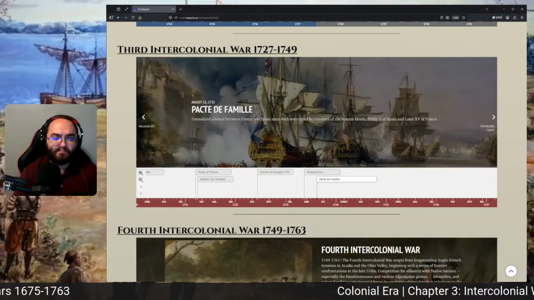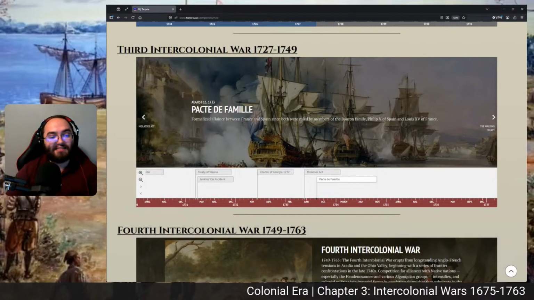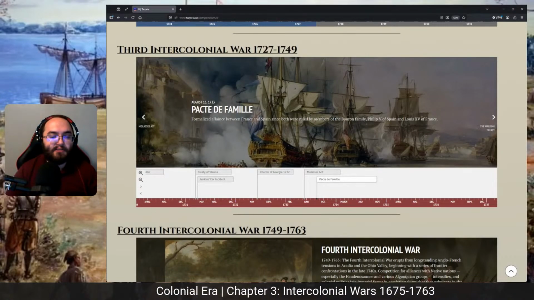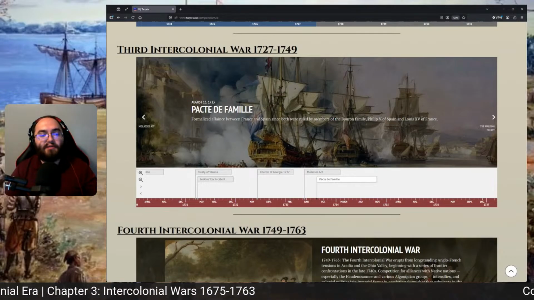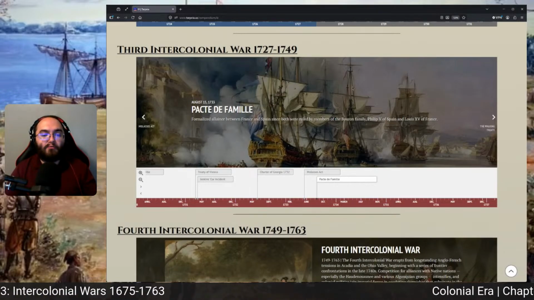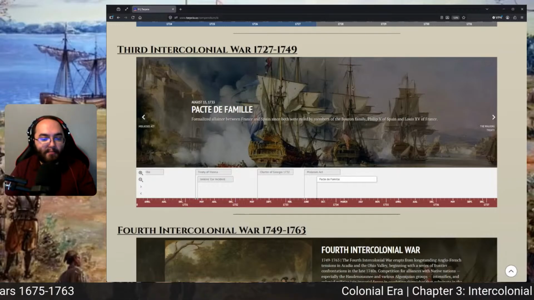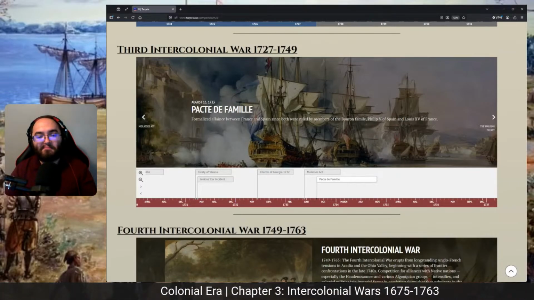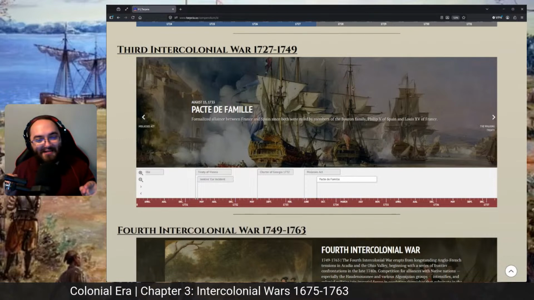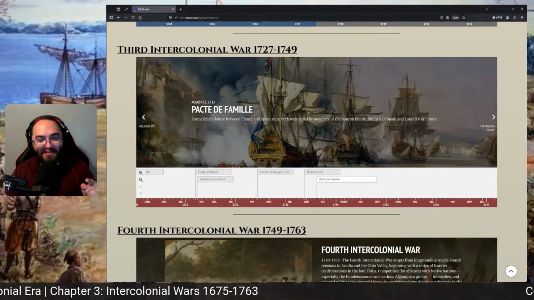Here's yet another treaty, the Pacte des Familles. This is securing the alliance between France and Spain, since both are now ruled by members of the Bourbon family. I spelled Bourbon wrong. Oh, I'm gonna have to change that. That's how you know this is not AI generated because of all the spelling mistakes.